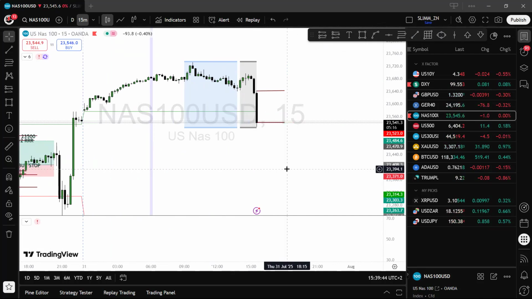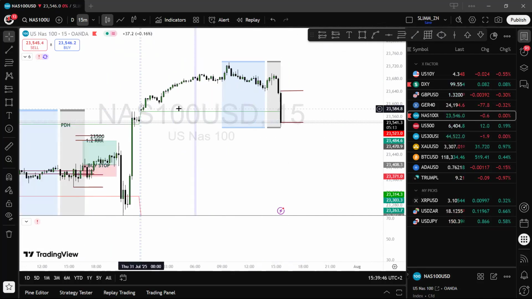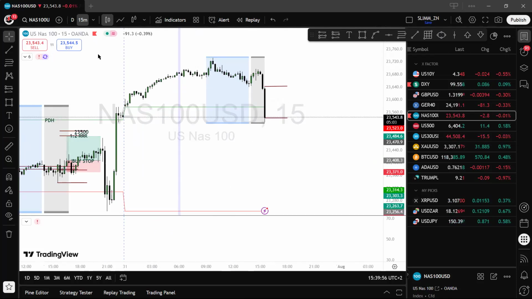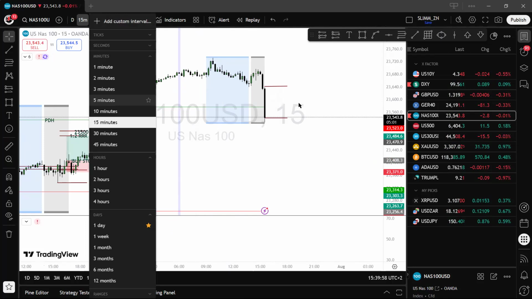Price action is not so cool, but most likely if we stay below this high from yesterday, price can potentially drop all the way to yesterday's low. That's a possible play right there. So I'm going to be open to taking trades on Nasdaq.